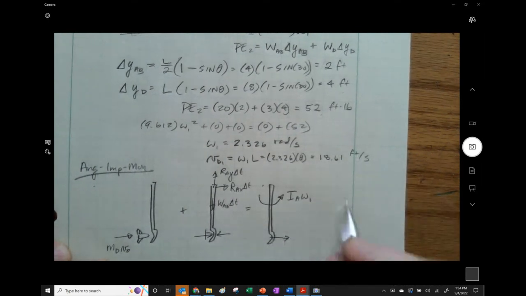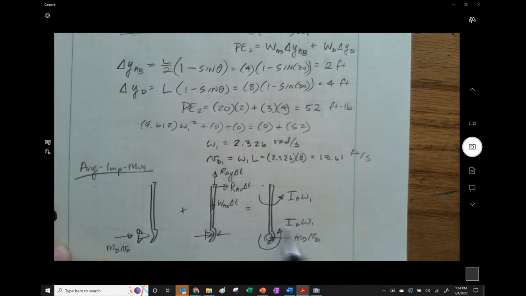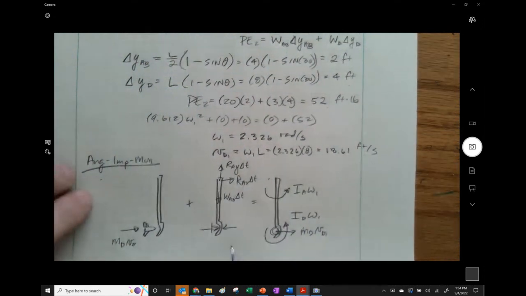We're also going to have MD VD1. But you have to remember they gave it to us, so they must have had a reason. It doesn't have a whole lot of effect. Remember, because this thing is now inside this clutch, it has the same omega as the entire thing, because there's the same omega everywhere.